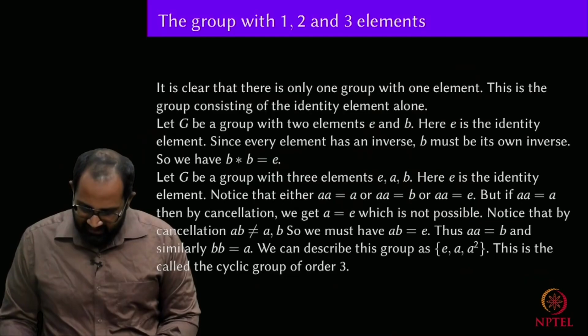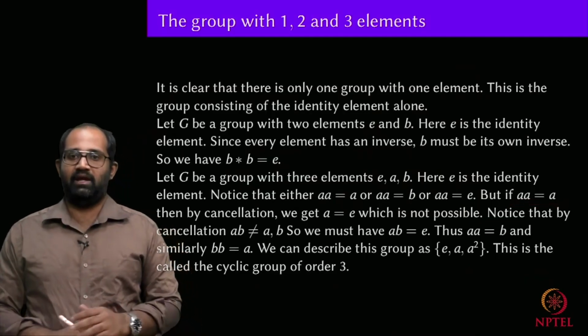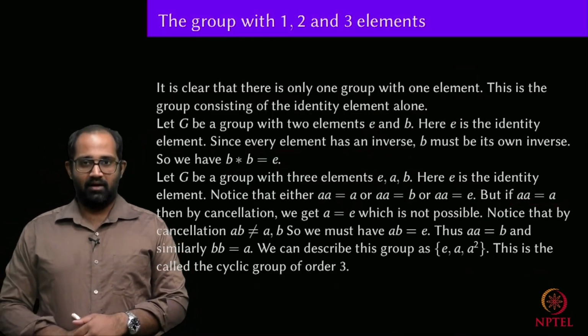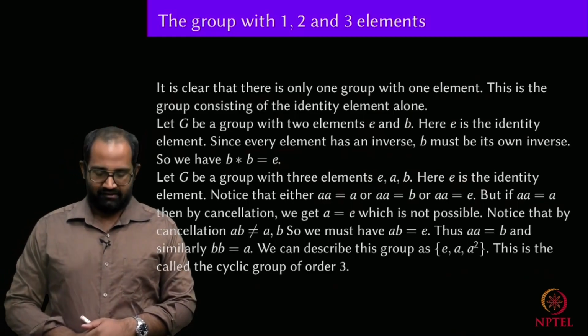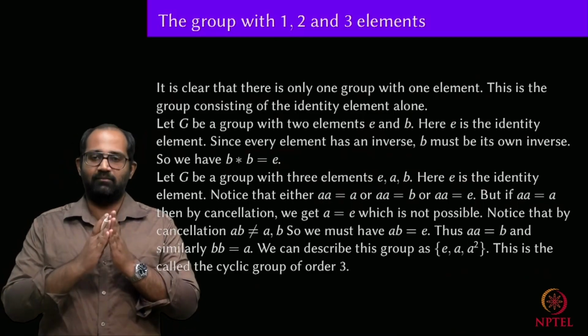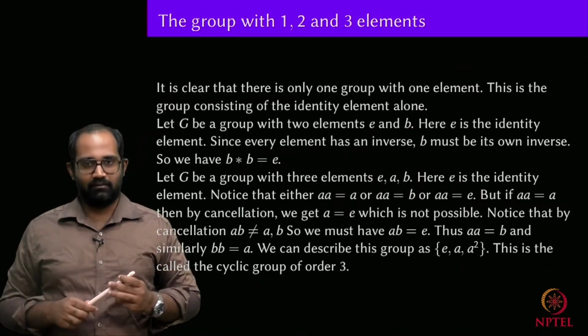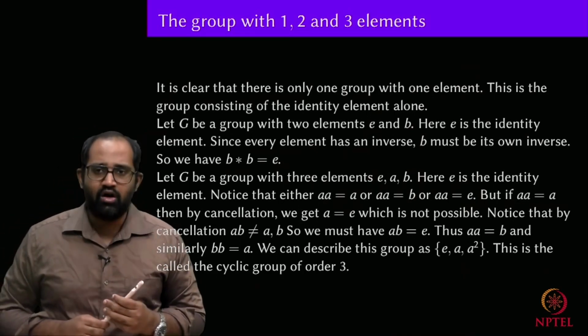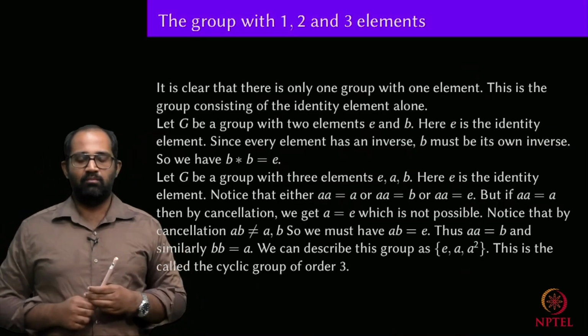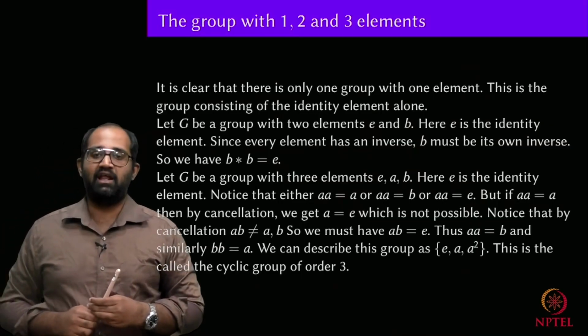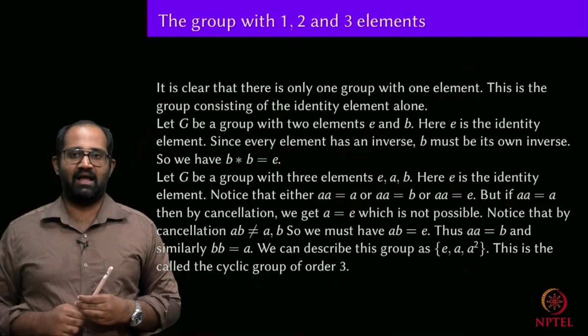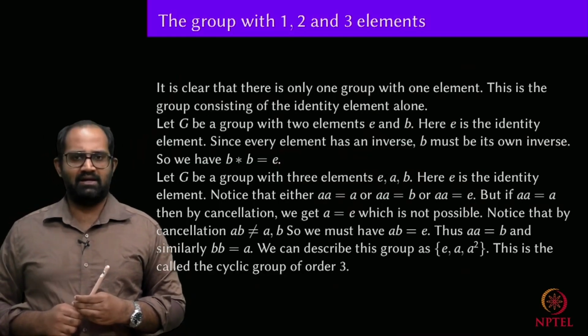Now, suppose AA is equal to A. Then remember, we proved last time under no assumptions whatsoever that the identity element is unique. If I remember correctly, all you needed is associativity. The moment you have a binary operation that is associative and has an identity element, that identity element is unique.